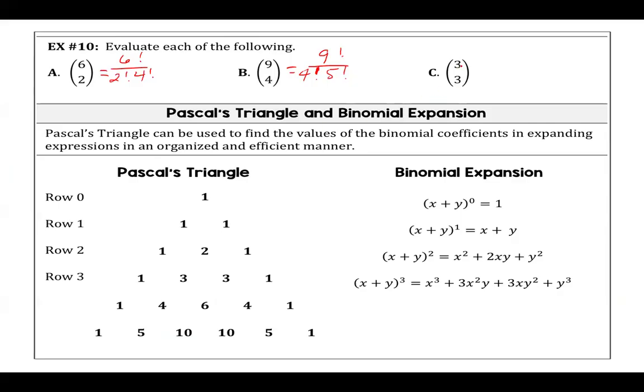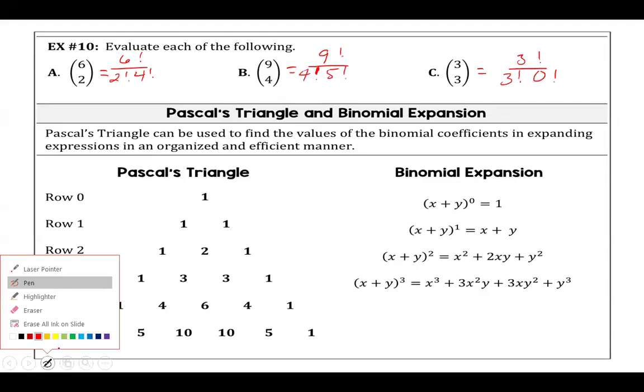Here, we have 3 above 3, which is 3 factorial over 3 factorial, times 0 factorial. It's not bad. All right, now let's actually find the answers.